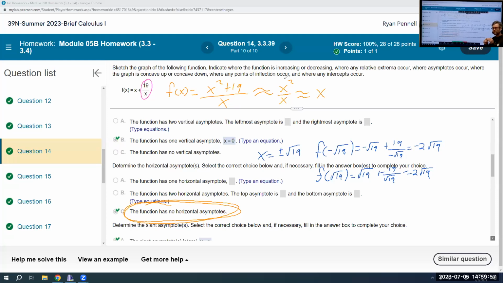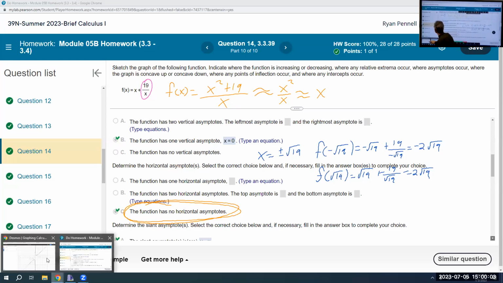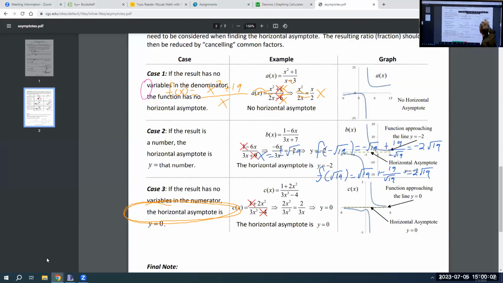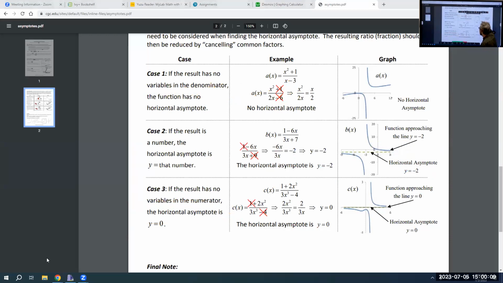So that was one of the cases. Which case was that? 1, 2, or 3? There we go. Case 1. If the result has no variables and the denominator of the function has no horizontal asymptote. That's what we have here.